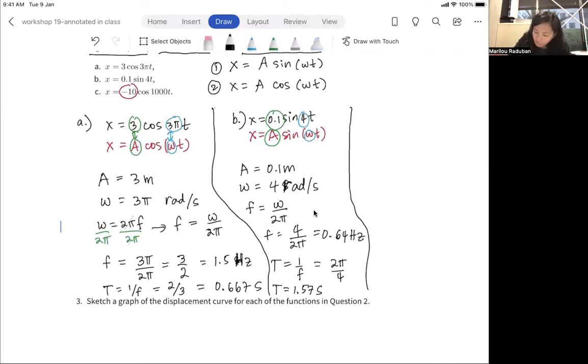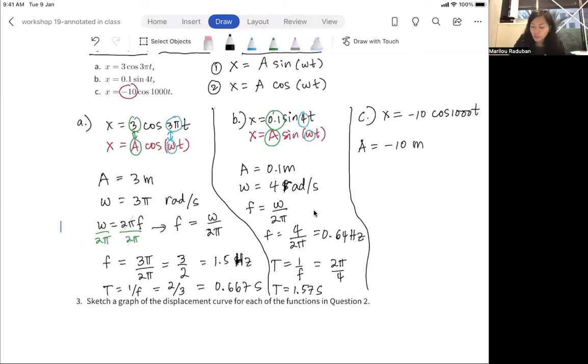Okay, same deal for the third one. Minus 10 cosine 1000 t. If you get a negative sign, you have to include that negative sign as well. So your amplitude should be negative 10 meters.